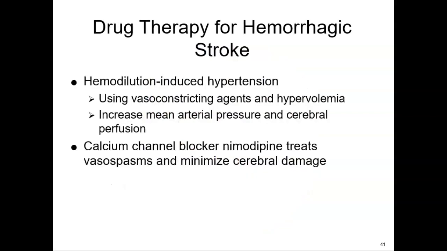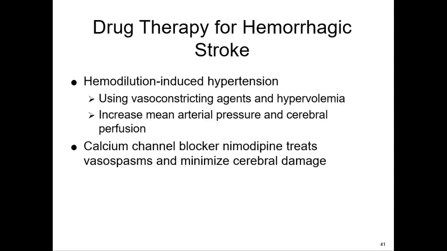All right, drug therapy for hemorrhagic stroke. We would do things to control the blood pressure because that is a risk factor for bleeding. We're a little bit more tight on our control.